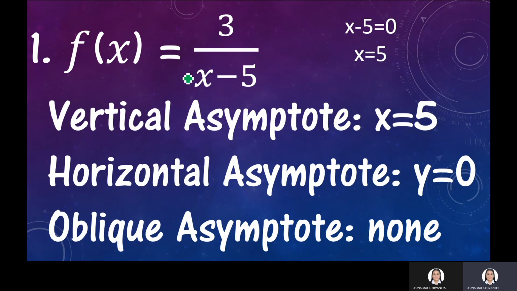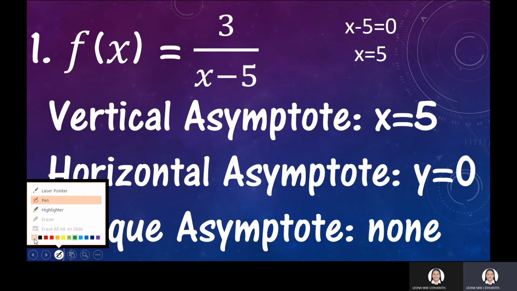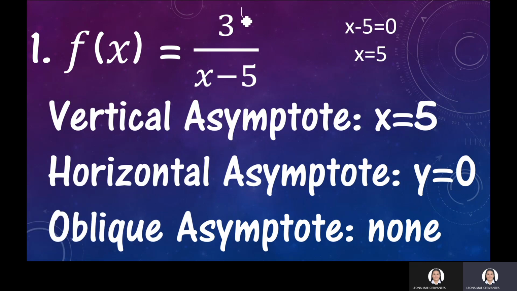Next, horizontal asymptote. The highest exponent of the numerator is 0.